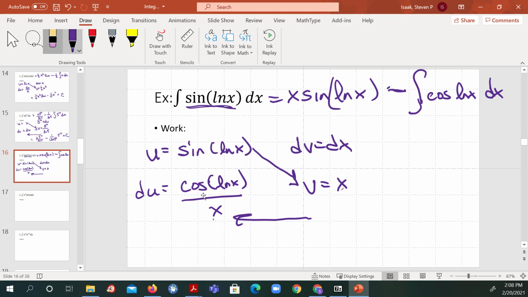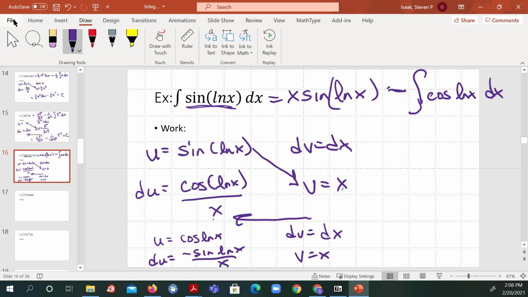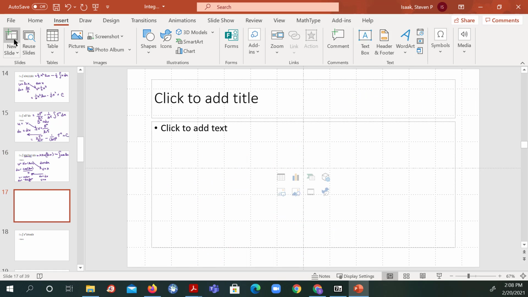So u will be cosine ln x, so du will be minus the sine of the natural log of x over x. dv will, you know what, this might be a repeated one. Let's find out. dv will be dx, so v is x. So what I'm going to do, we'll come back. Is there a way to insert, maybe I can do it right here on the fly. There we go.